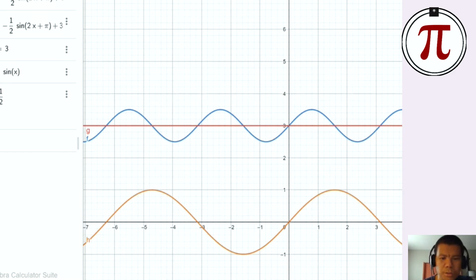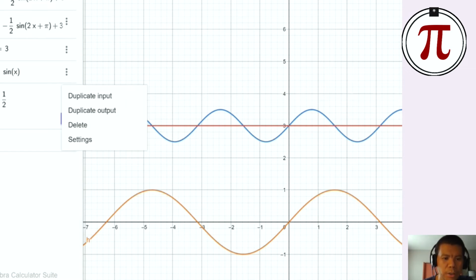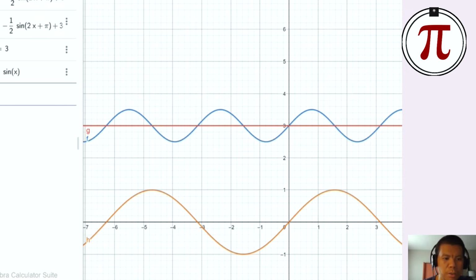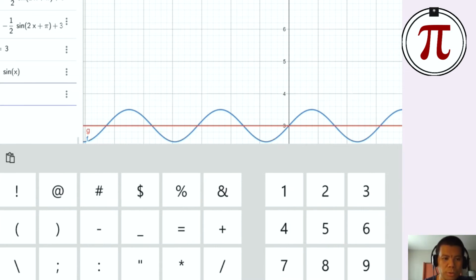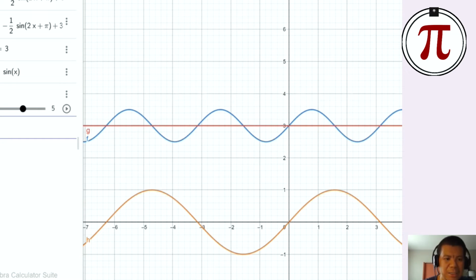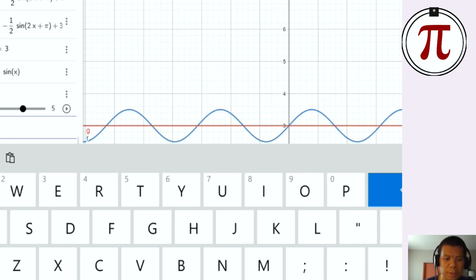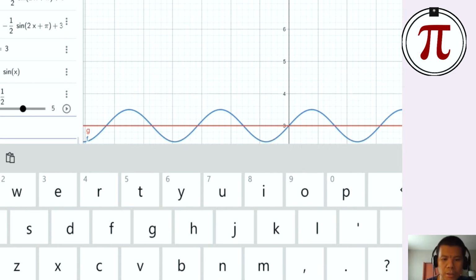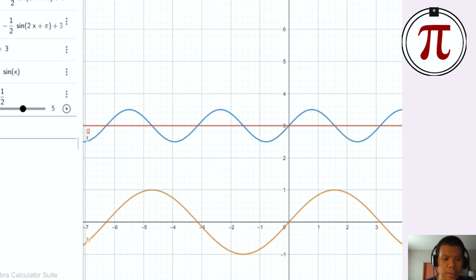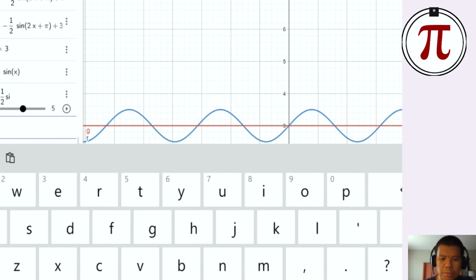Why is it not doing this? Delete. y equals what? y equals negative 1/2 sine. Okay, here we go. Sine of x.